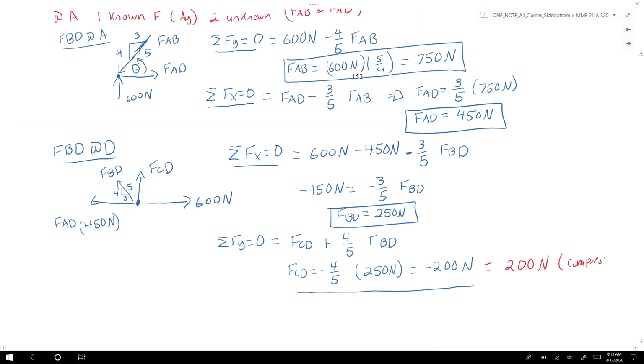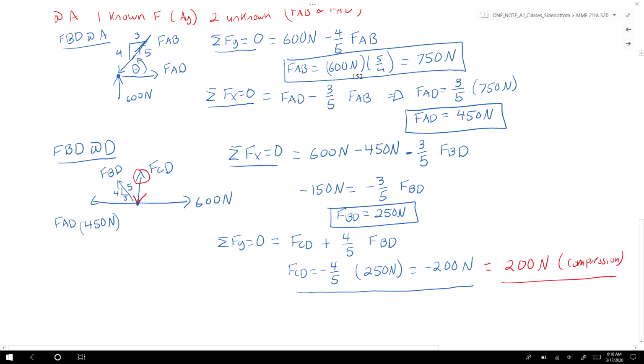So on the free body diagram, instead of the arrow being drawn here, that's incorrect. It should be drawn into the joint. So just the sign on the free body diagram would have to be changed, okay? Or you could just note that the 200 Newton force is in compression, all right?